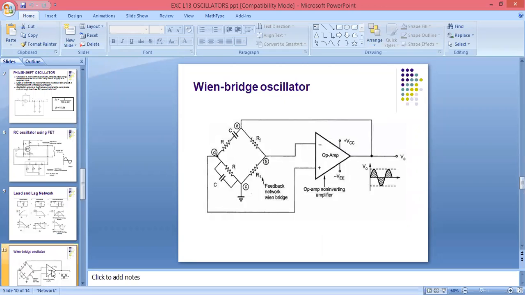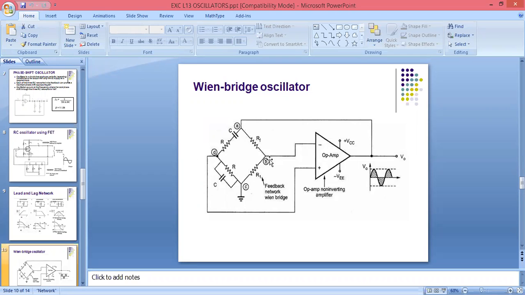Then we have seen Wien bridge oscillator, in which we are using op-amp. Instead of this op-amp, we are using two-stage RC amplifier that will give each 180-degree phase shift. So using those stages, you will get 360-degree phase shift.